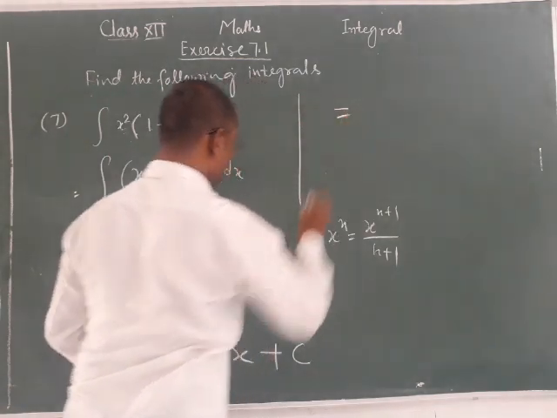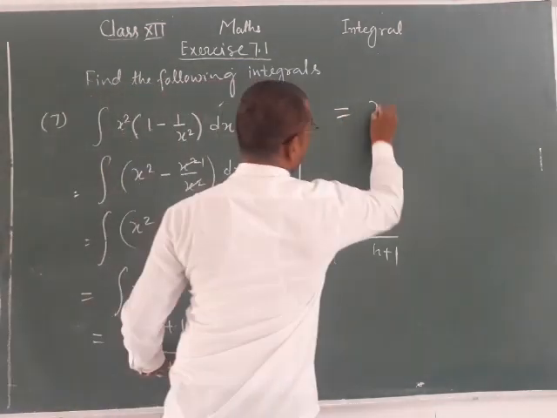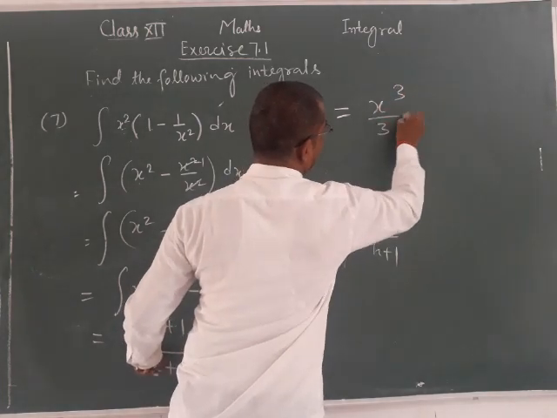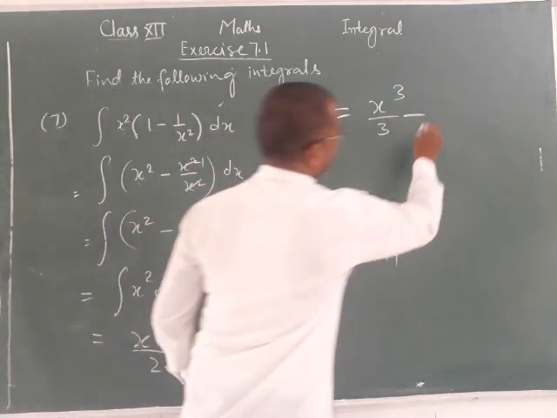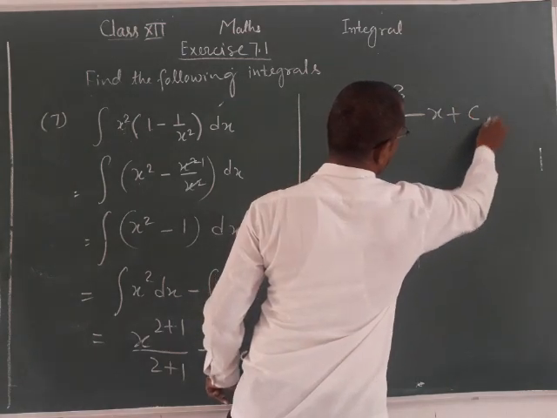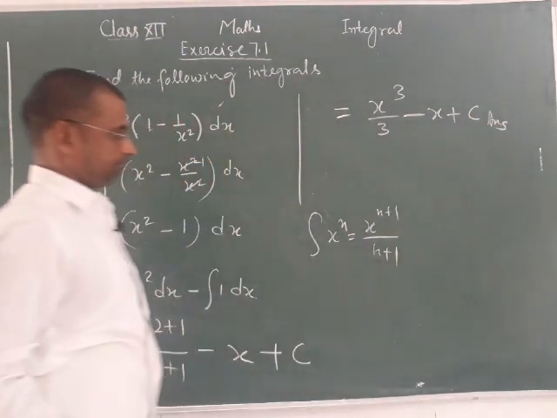So now x power 3 upon 3 minus x plus c. This is the answer.